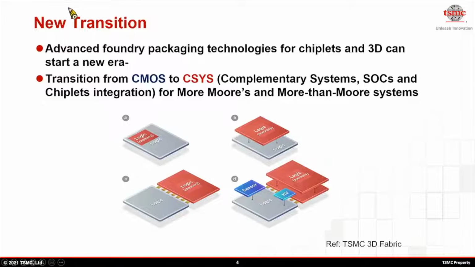Since we started working on our advanced foundry packaging technologies for many years, we grow and enrich our 3D Fabric technology platform to drive new applications such as AI, 5G, HPC, and autonomous driving, etc.